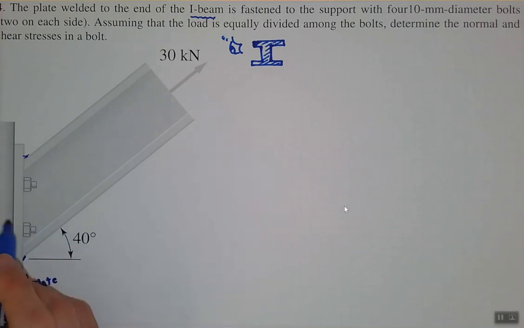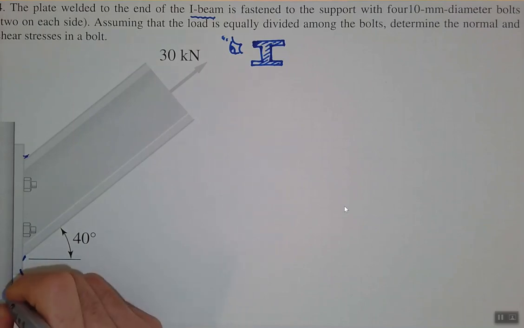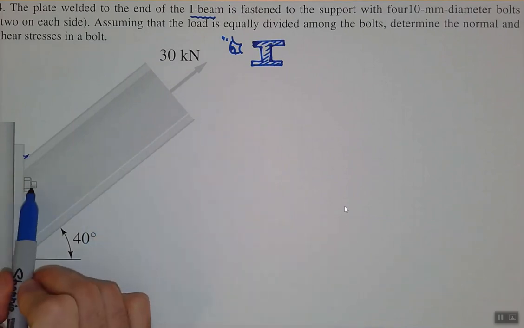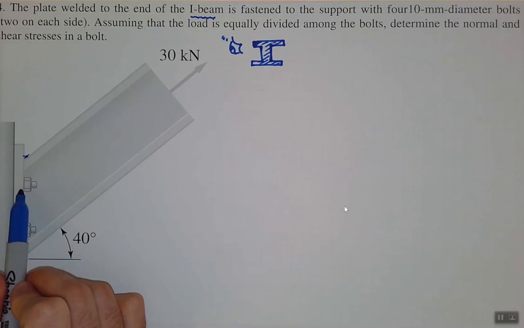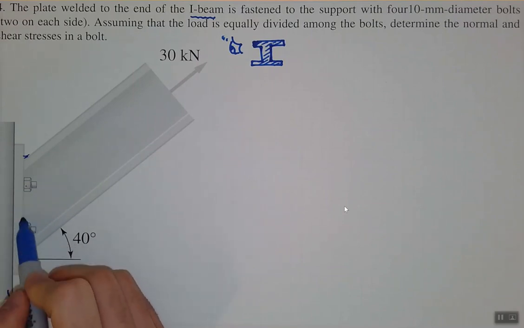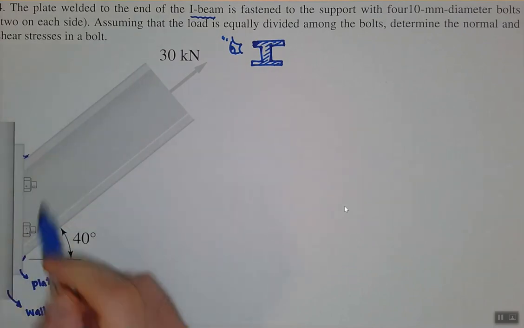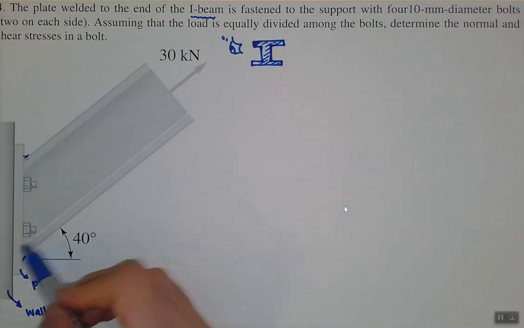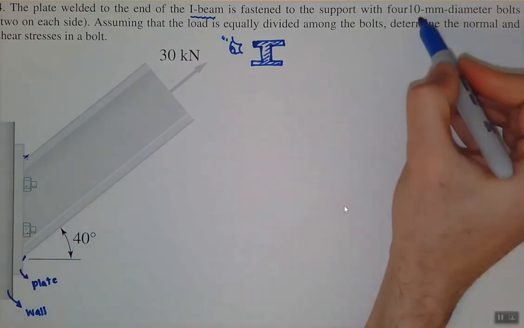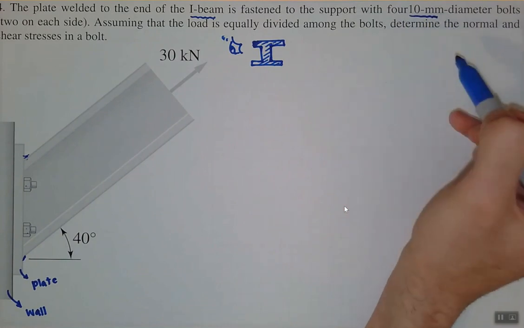So this is the wall, right? And we use 4 bolts and nuts. We can see 2 of them over here. The other 2 are on the other side of this I-beam, right? So we have a total of 4, and the diameter of each is 10 millimeters.